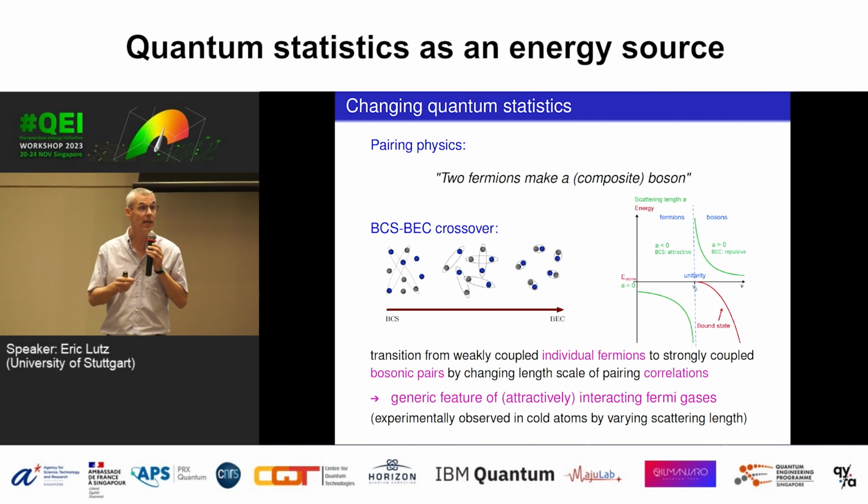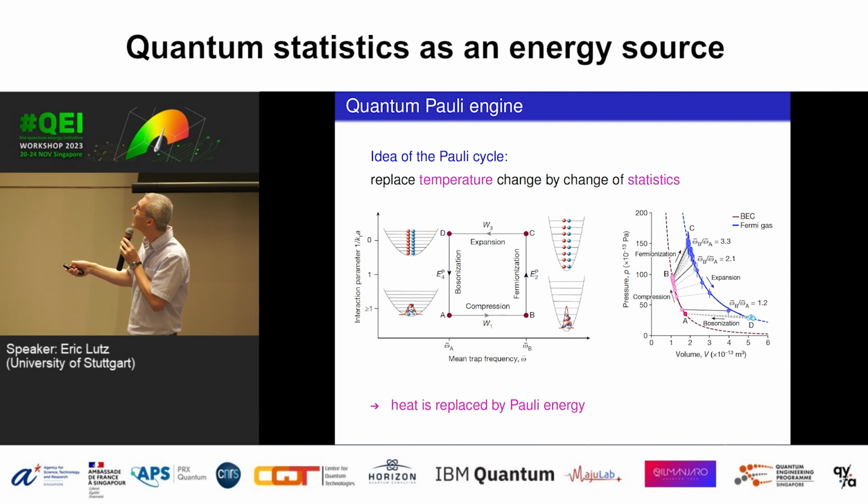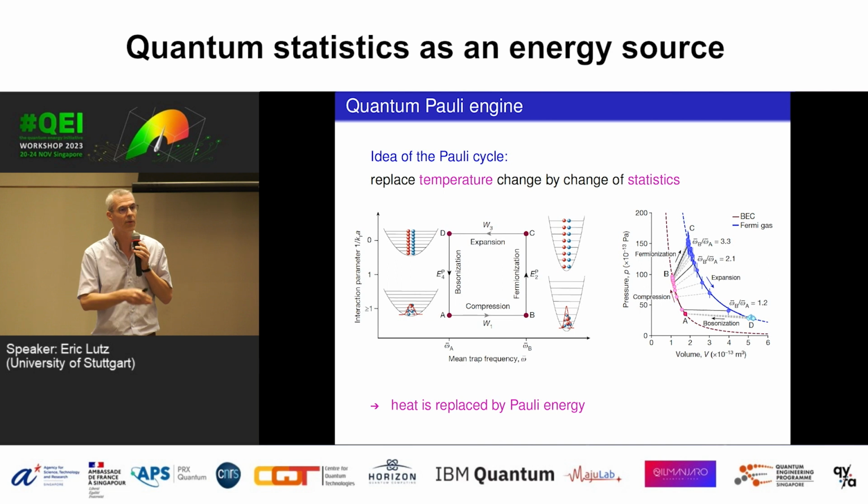And if you dilute it, you decrease the density. If you look at what people do in semiconductors, when they do this BCS-BEC transition in excitonic systems, they cannot change the interaction. So they simply change the density, and you have the same phenomenon. So you need either to change the scattering rate, or you need to change the wave number k, and that's what you do via the density. So there are different ways to change the statistics from one way to the other.